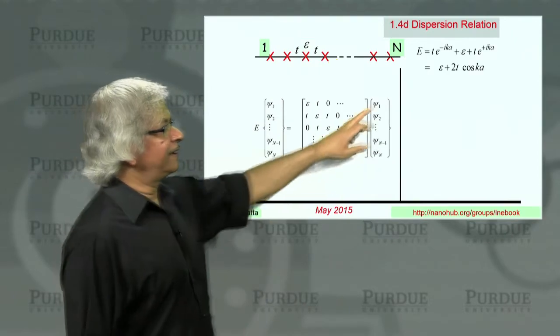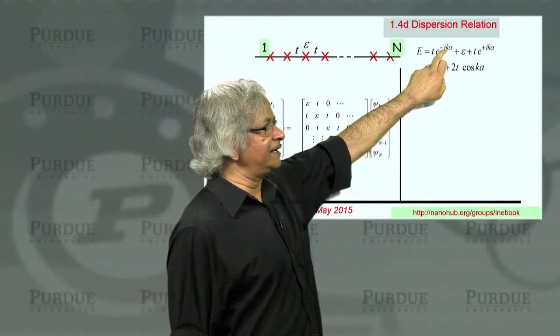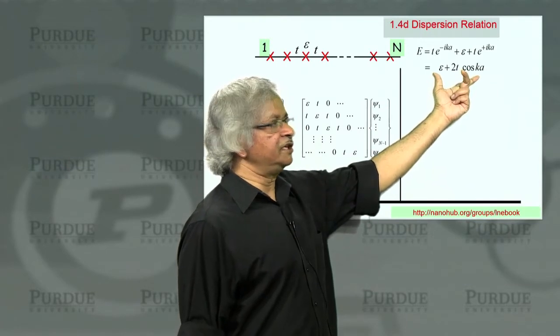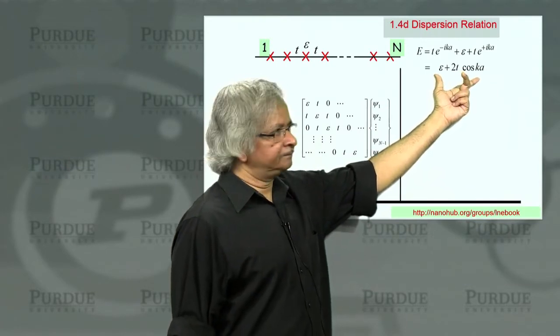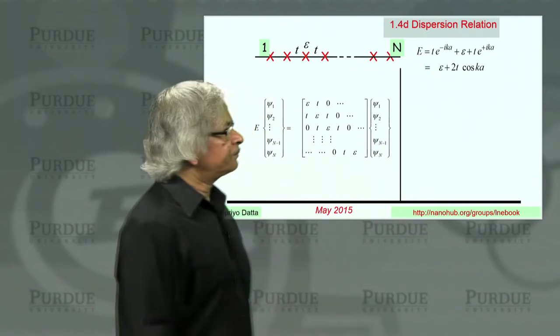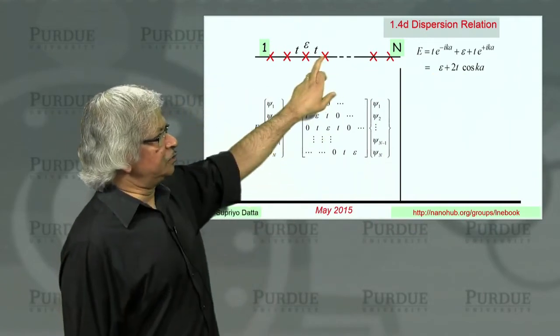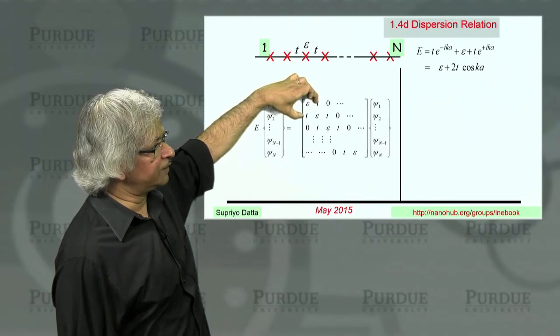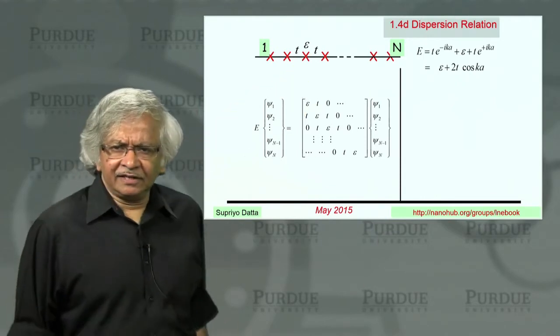Now you could combine that minus ik and plus ik and write it as epsilon plus 2t cosine ka. Right? Now, here I assumed that the t was the same, that the 1,2 and 2,1 elements were the same. In general, that need not be the case.